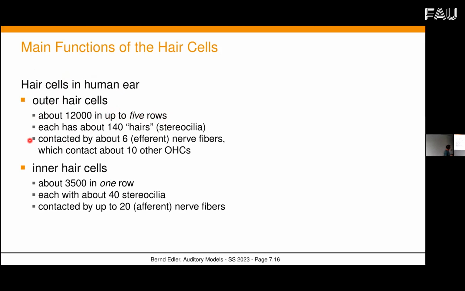And each of those outer hair cells has about 140 stereocilia. And each of the outer hair cells is contacted by about 6 efferent nerve fibers, which are coming from the brain, having some influence. Apparently, there must be some impact on the activity of the outer hair cells.